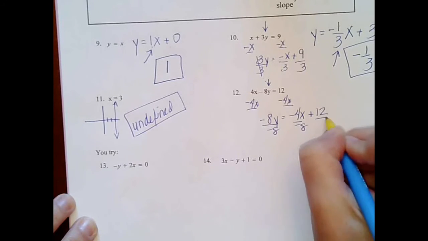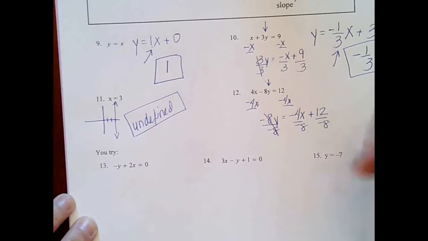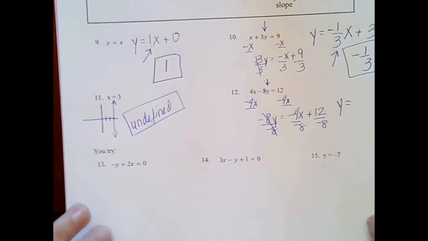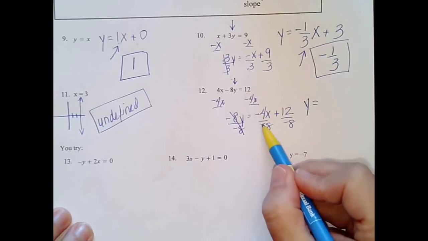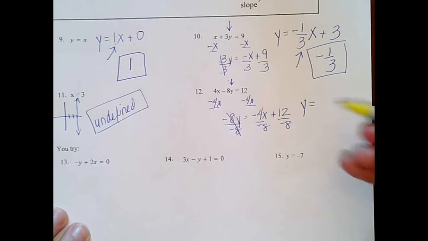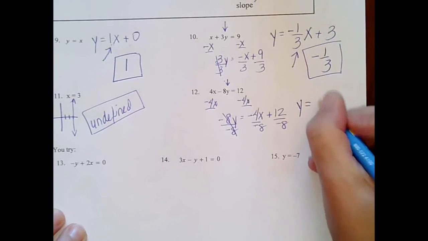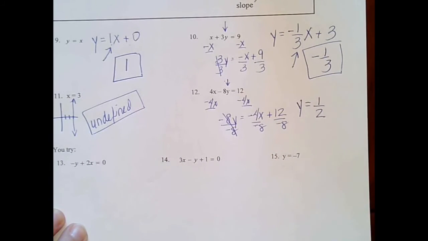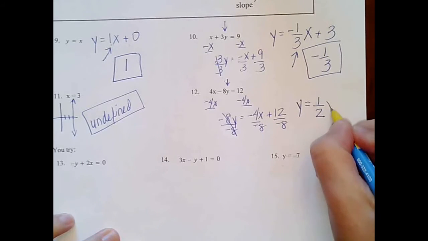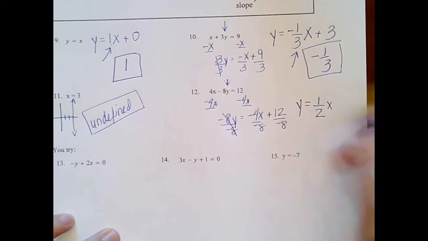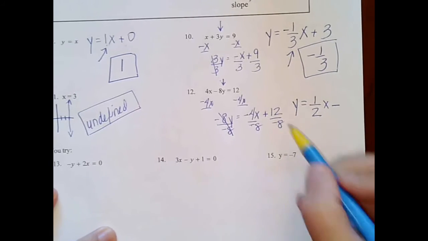And y is equal to, all right, negative over negative is positive, and 4 over 8 reduces to 1/2. Okay, can I write 0.5? Yeah, I like fractions, especially when we're dealing with slope, so I'm going with 1/2. X, positive over negative, that's negative, and 12 over 8 reduces to 3/2.